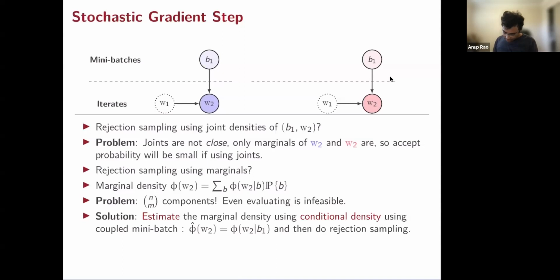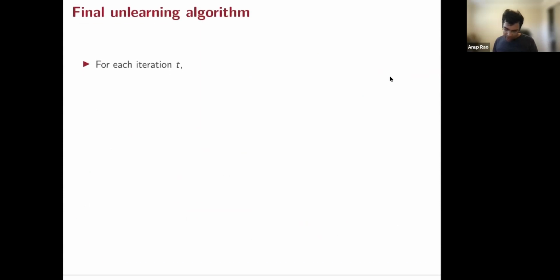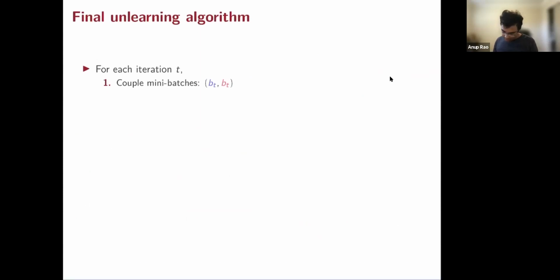So what we do is we just do rejection sampling based on the conditional densities. Since we have already constructed a maximal coupling of the mini batch indices, we condition on them, and then we do reflection based iterative rejection sampling. So here is the overall algorithm for noisy stochastic gradient descent.